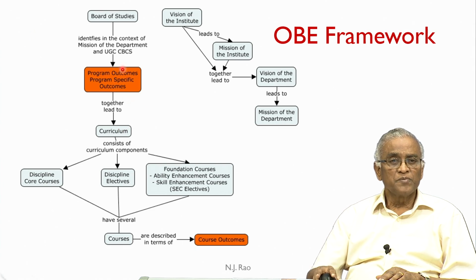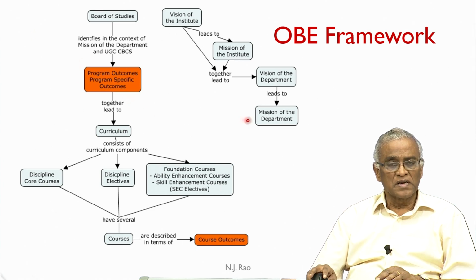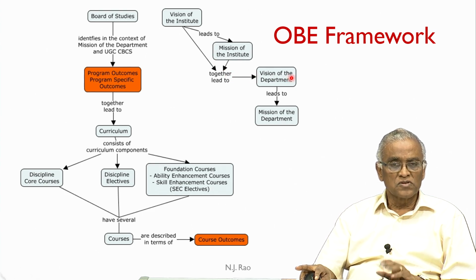This is the relationship of these outcomes in the present context. If you look at this, the NAAC framework requires that there has to be a vision of the institute, which leads to the mission of the institute, and these two together should also lead to the vision of the department in which the program is given, and the vision of the department should lead to the mission of the department.